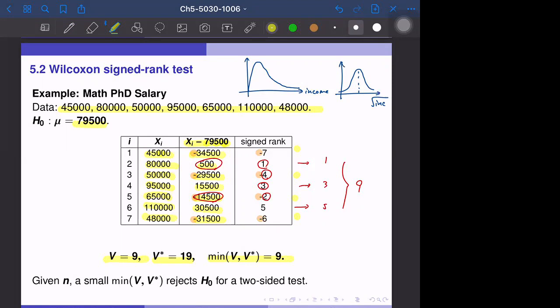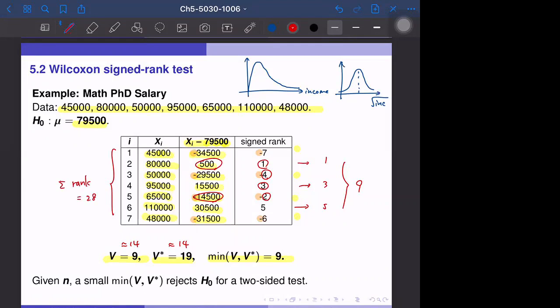V and V asterisk should be similar if Xi is centered at 79,500. In such a case, V is around 14 and V asterisk is around 14. Remember that we have 7 observations, so the sum of ranks is always equal to 28.